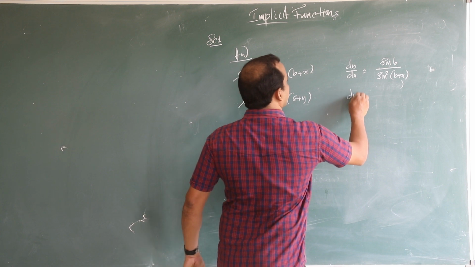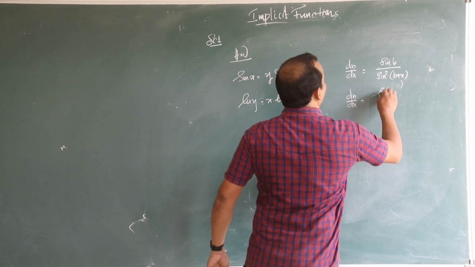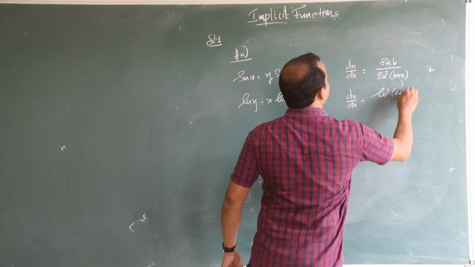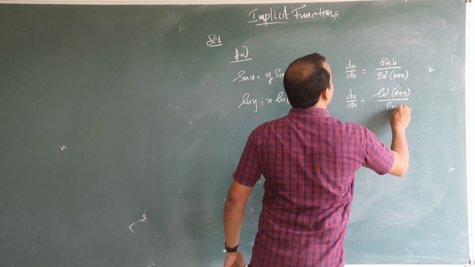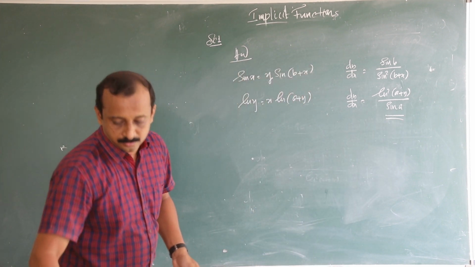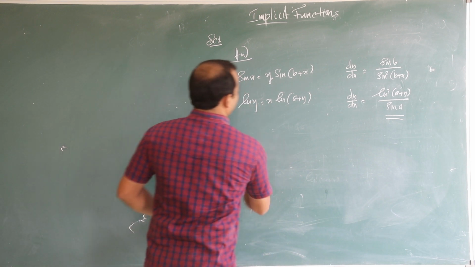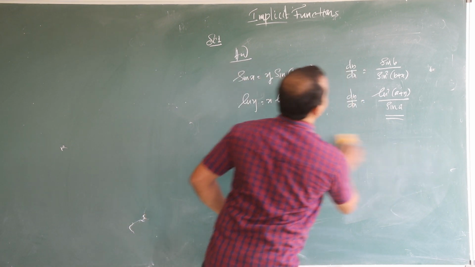Here we have to prove that dy by dx is equal to cos square of a plus y divided by sin a. Try to answer these two questions based on special case 1.